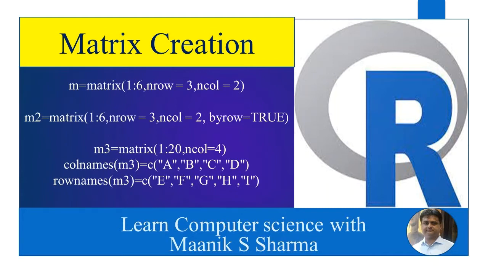You may also create a matrix by giving just 2 parameters. In the third example, a matrix M3 has been generated by simply giving the data and number of columns. R language will automatically fix the number of rows as per the given parameters.